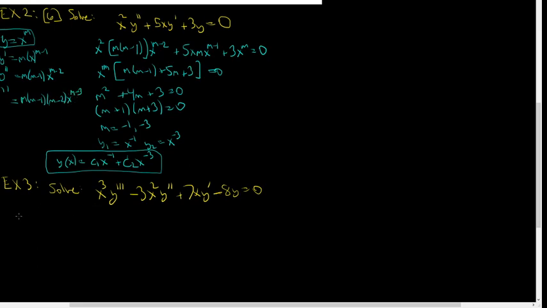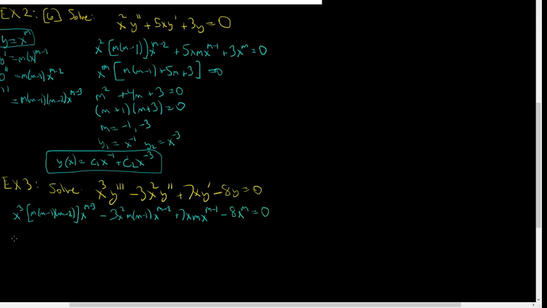So when you plug all that in here, you're going to get x cubed times all this, m minus 1, m minus 2, times x to the m minus 3, and then minus 3x squared times y double prime, so we get the m minus 1, x to the m minus 2, plus 7x times m x to the m minus 1, minus 8y, which is just minus 8x to the m equals 0.